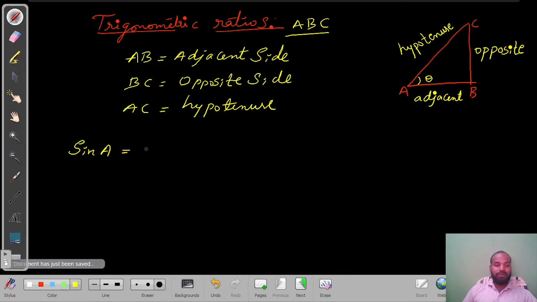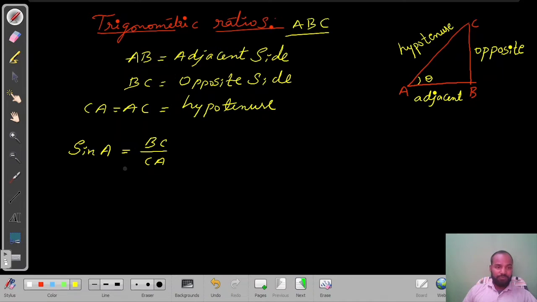Sine A is nothing but the opposite side by hypotenuse. What is your opposite side? That is BC. Your opposite side is BC by hypotenuse. What is the hypotenuse here? AC or CA, you can write CA. Both are the same.